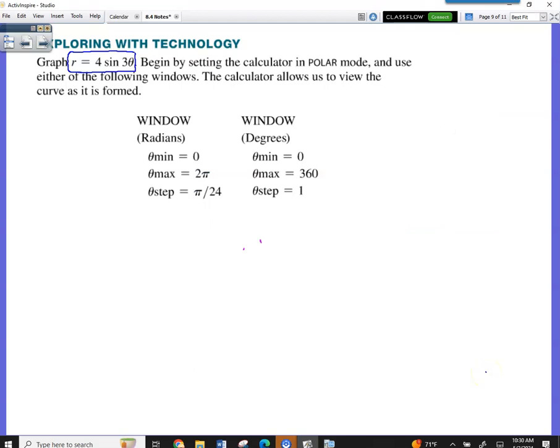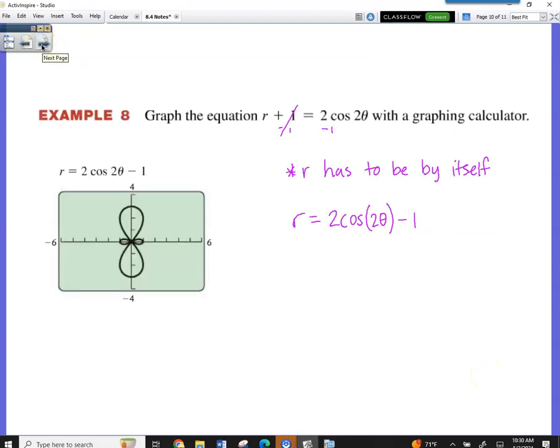The point of that one was to teach you the viewing window. The point of this one is to teach you R needs to be by itself before you can go to the calculator. So in this case, I would subtract the 1 over, and those are not like terms. It would be R equals 2 cosine 2 theta minus 1.